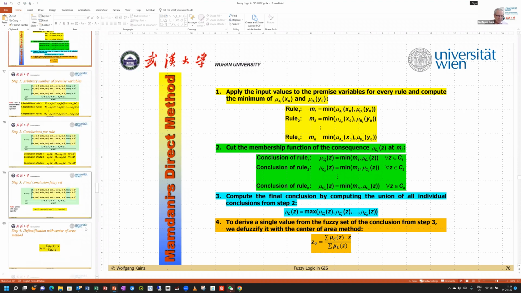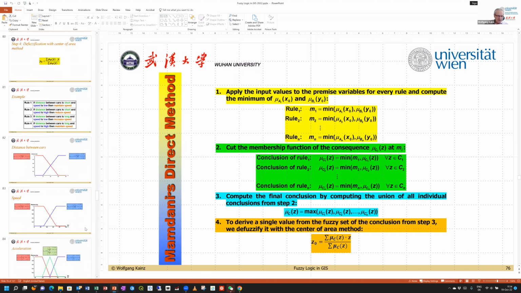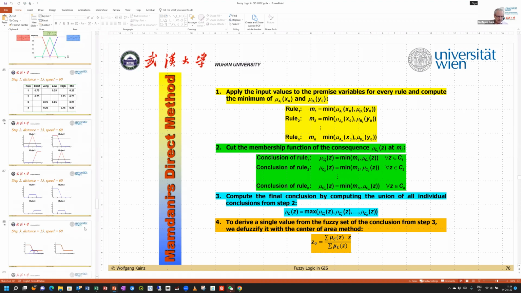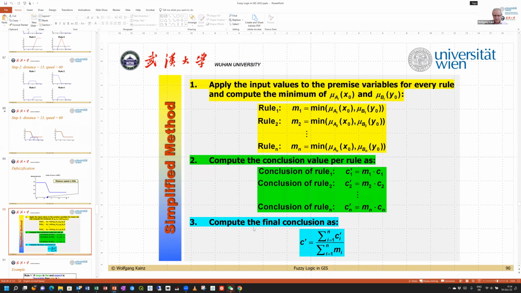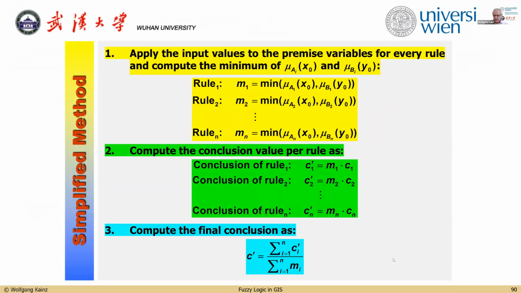Okay, we have done this example. If we now look at the simplified method, you remember, the simplified method is based on rules that have a so-called fuzzy singleton, a real number in the conclusion. So in the conclusion, there is nothing fuzzy.